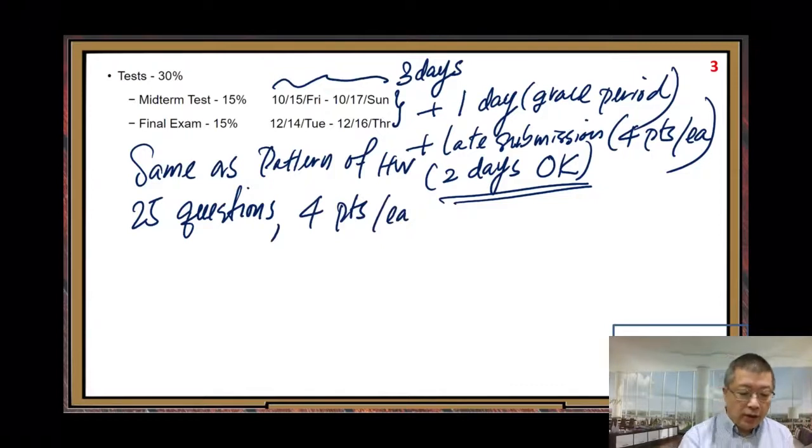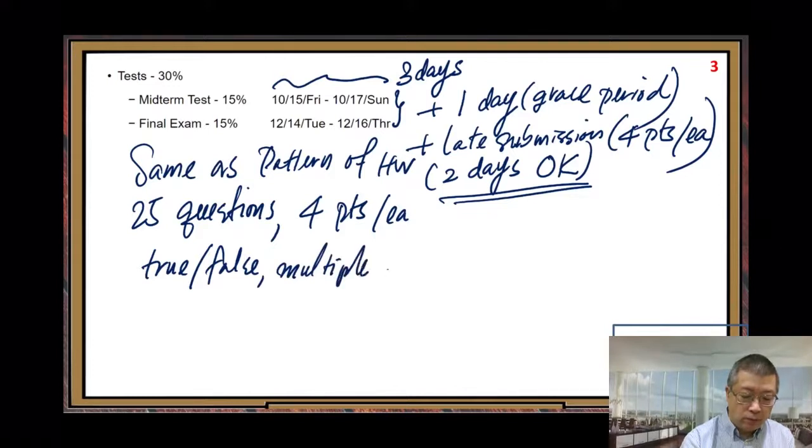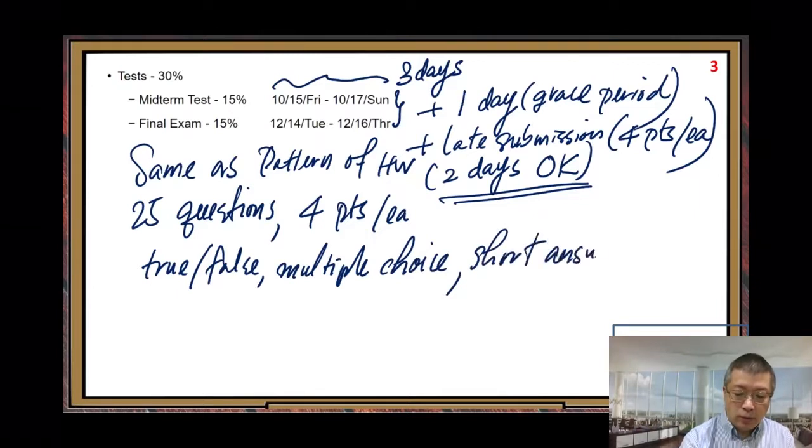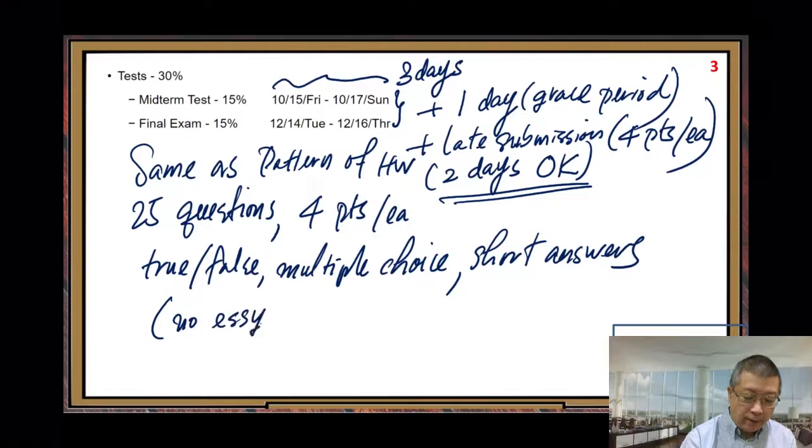The 3 types are true or false, multiple choice, and short answers. No essay type, okay? No coding type.